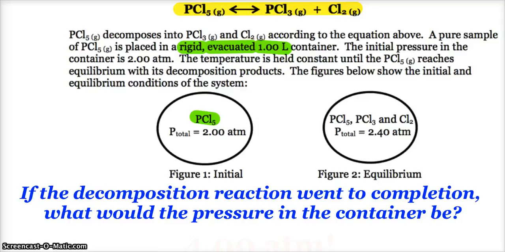Now it says the initial pressure in the container is 2 atmospheres. We see this is our figure 1 initial container, 2 atmospheres. The temperature is held constant until the PCl5 reaches equilibrium with its decomposition products, and we see that in the figures below as well. Are we equilibrium experts yet? No. Do we know what equilibrium is? Perhaps.